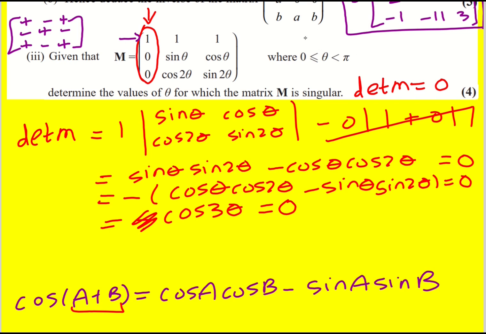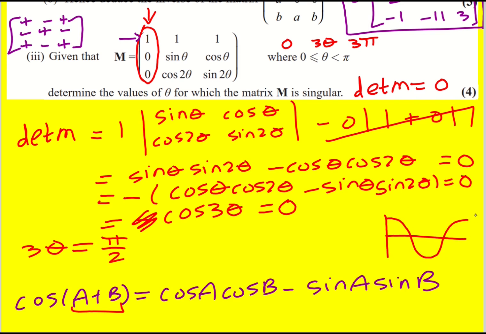Now, theta is between 0 and pi, which means 3 theta is going to be between 0 and 3 pi. So we solve for 3 theta, inverse cos of 0. We're going to get pi over 2 as our first answer from our calculator. Second answer is then 2 pi minus pi over 2, so 3 pi over 2. That's still in the range.